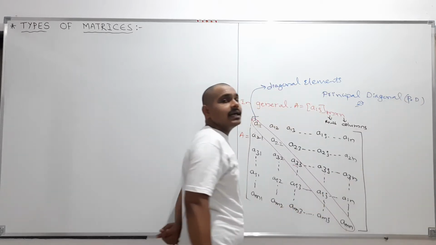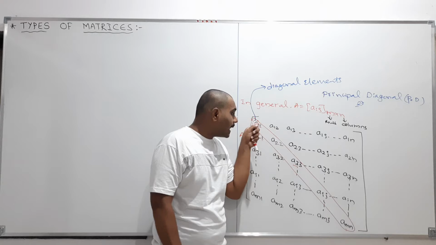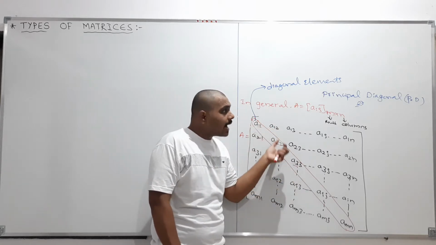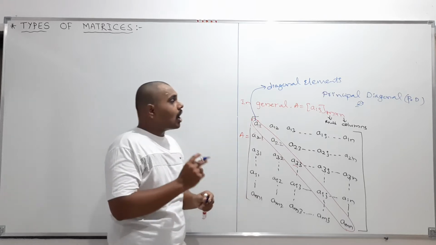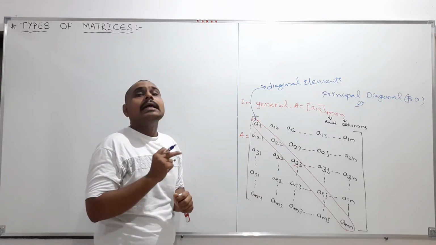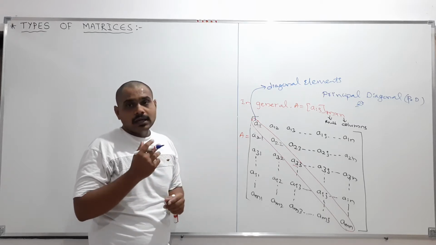PD is the line through which the diagonal elements are lying. We can also call it the leading diagonal.